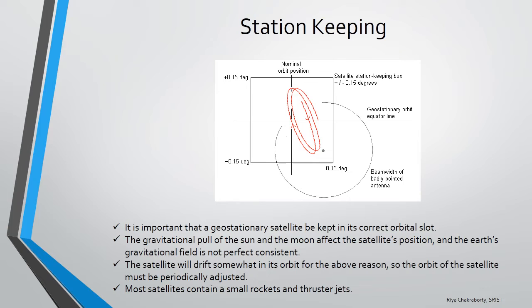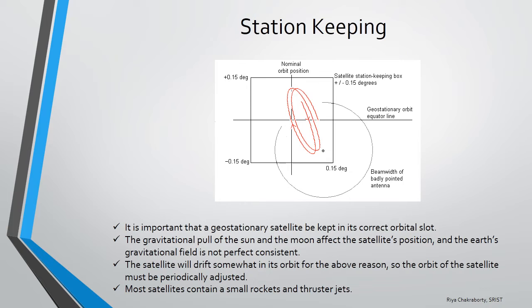The process of firing the rockets under ground control to maintain or adjust the orbit is referred to as station keeping. Remember it, station keeping.